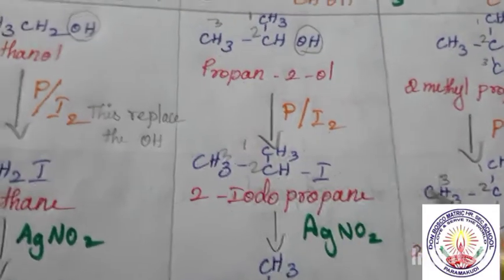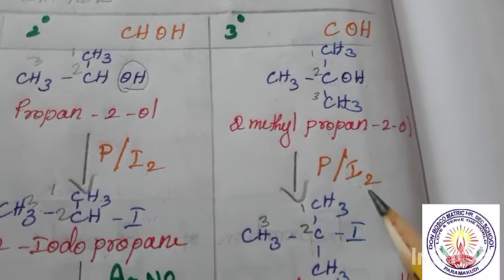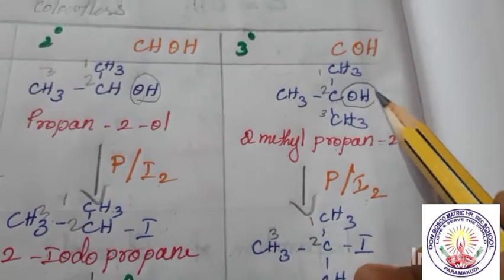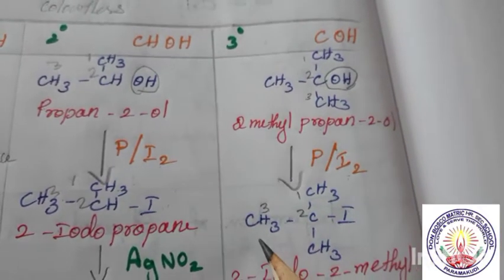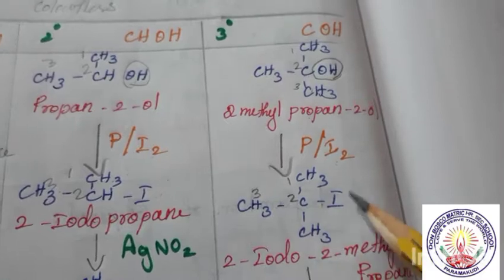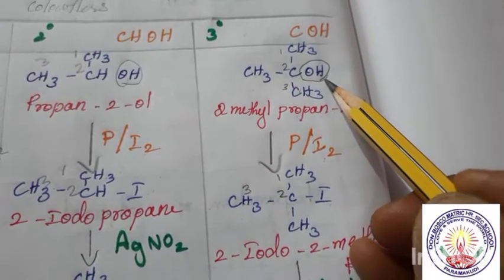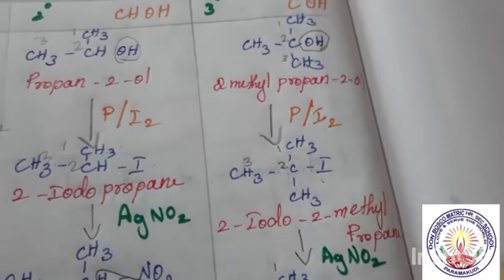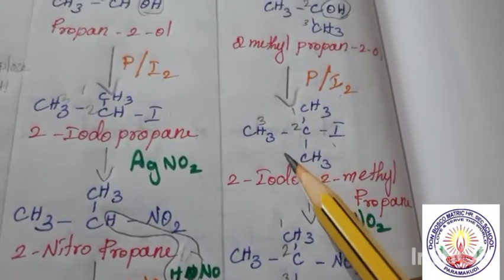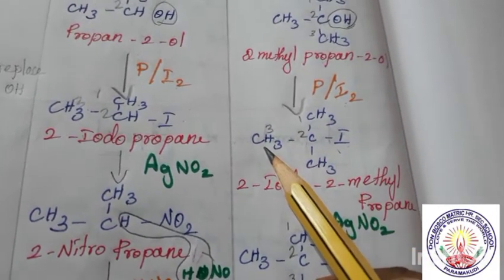In the tertiary alcohol, when we add this iodine, the iodide replaces the OH. So we are getting CH3, CH3, CH3 and the iodide is replacing the OH, so we get I. We number the carbon chain 1, 2, 3.